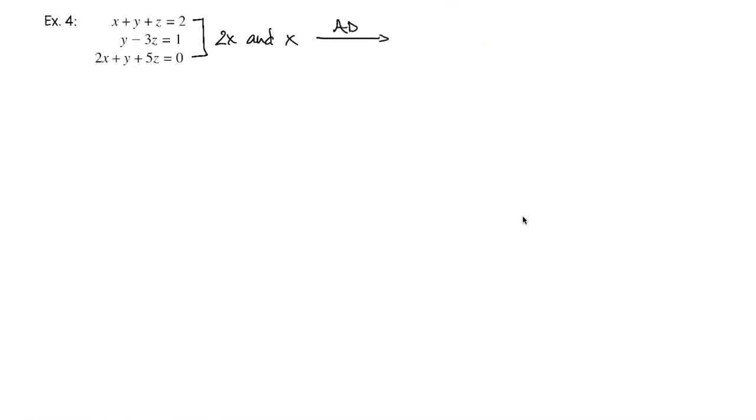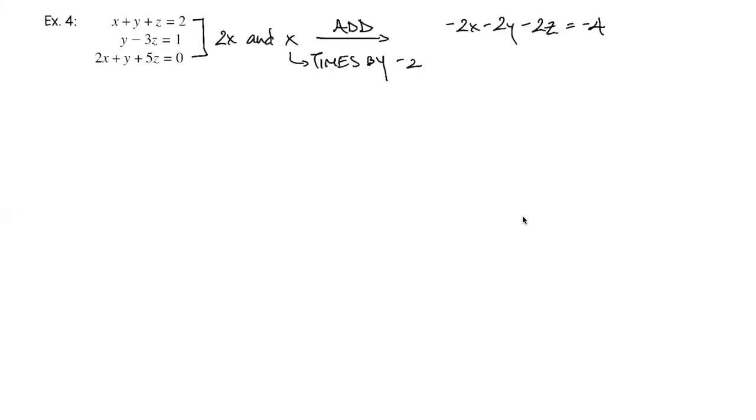And if we want to add them together to get rid of the x, we're going to times by -2. Times that first equation by -2. That will give us -2x minus 2y minus 2z equals 2 times -2 is -4.